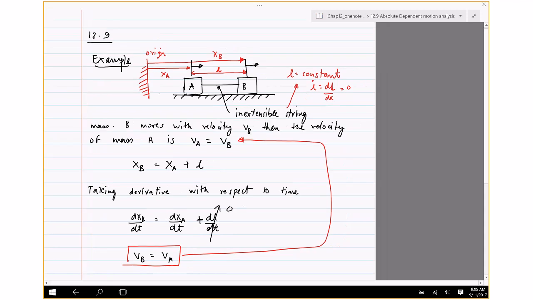Obviously, you wouldn't need to do all these things here, but you see that those three steps, fix the origin, assume distances, and then find the relation, can be applied to more complicated problems. So I'll do a more complicated problem using the same recipe, and you'll see that it turns out to be much easier to analyze if you know how to do this.